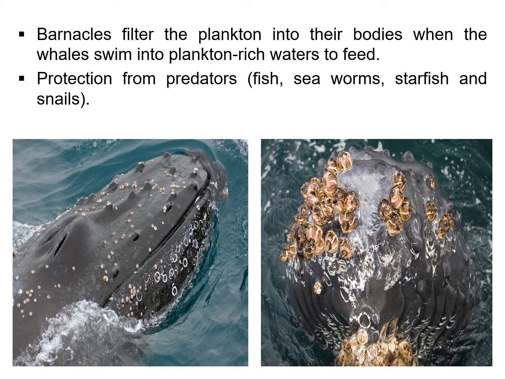And in this case, barnacles filter the plankton into their bodies when the whales swim into plankton-rich waters to feed. They may also act as protection from predators, such as fish, sea worms, starfish, and snails, because they attach to a big and huge host.